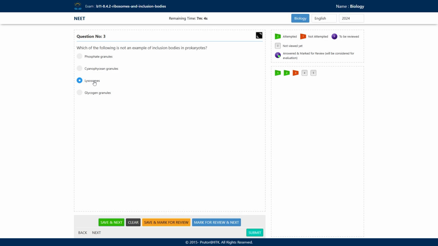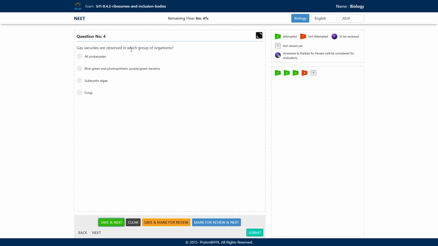Okay, option number C will be the correct answer here. Lysosome is not an inclusion body. Rest others are all inclusion bodies. Lysosomes are known as the suicidal bags. They consist of hydrolytic enzymes.